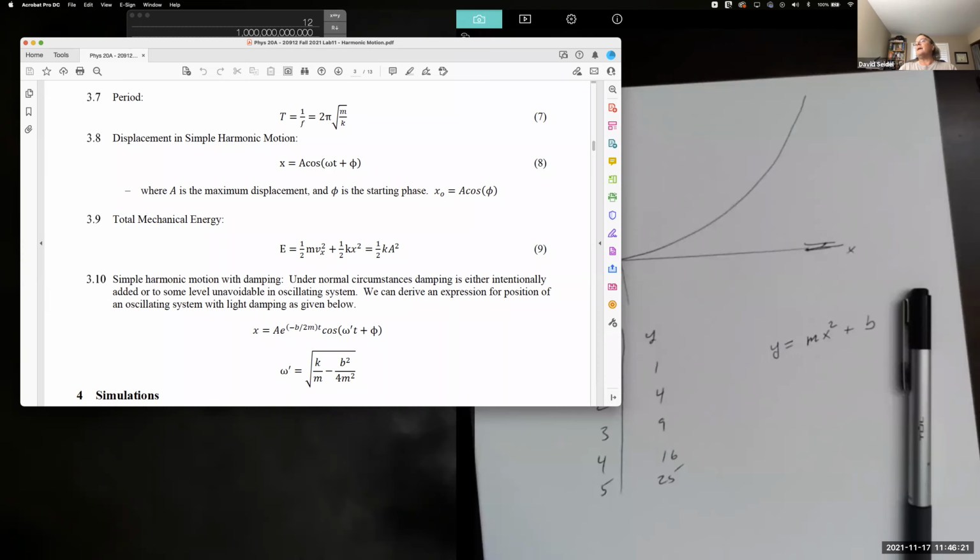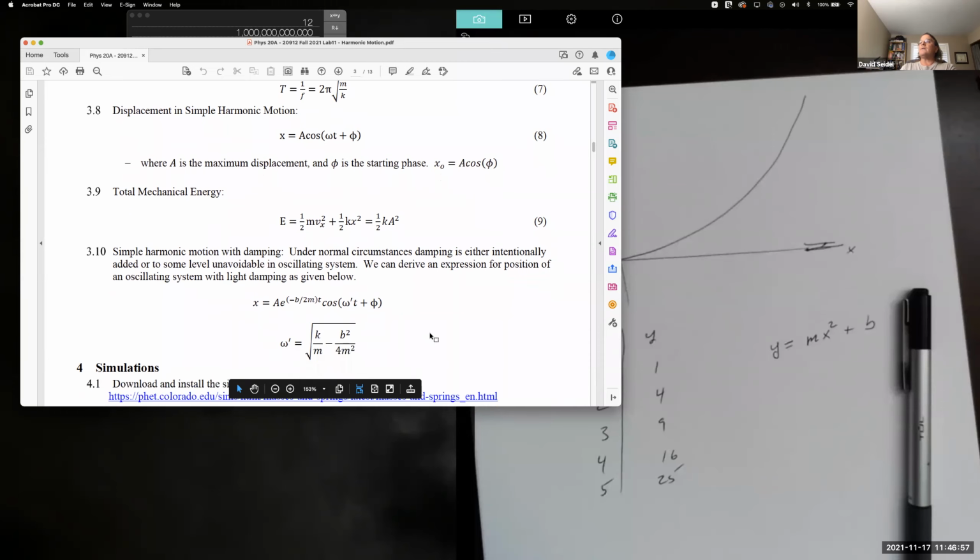If we have light damping, we can derive an expression for the position of an oscillating system with light damping as x. Now this is a much more complicated looking formula. x is equal to e raised to the power of minus b over 2m times t, cosine omega prime t plus phi, and b is a damping factor.